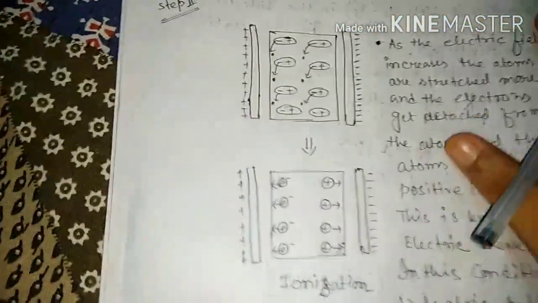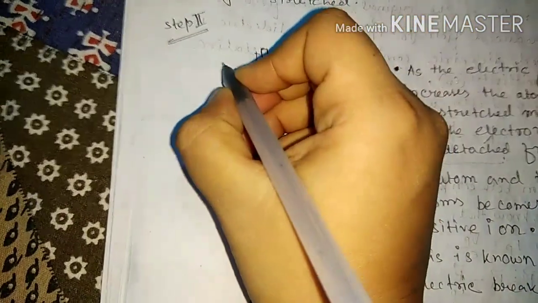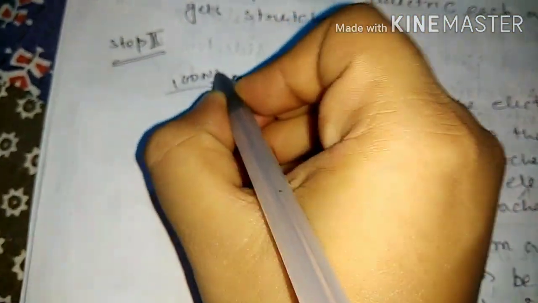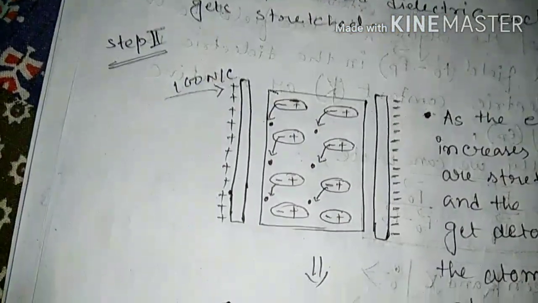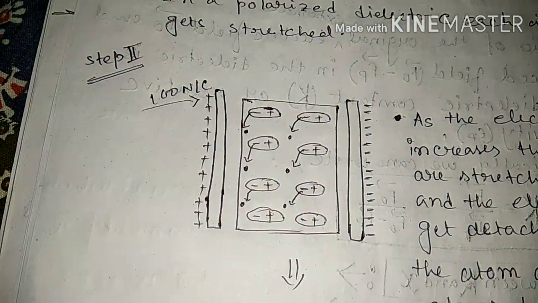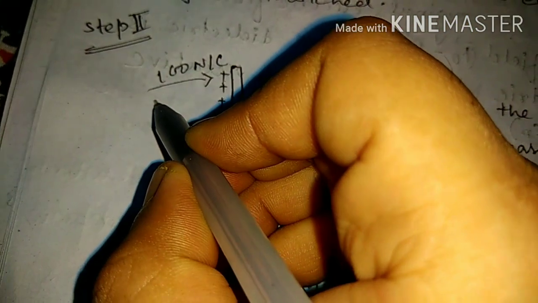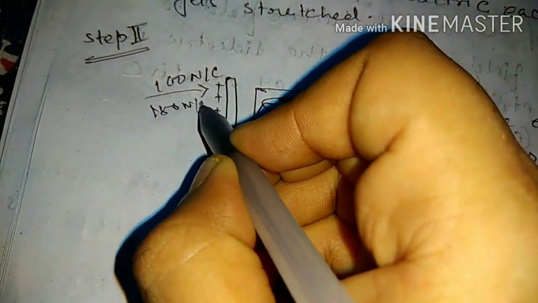So now if we consider one example, suppose first we apply a 100 Newton per Coulomb electric field. So it will be polarized, but the electrons cannot detach from the atoms. Now we increase from 100 to 150 Newton per Coulomb.